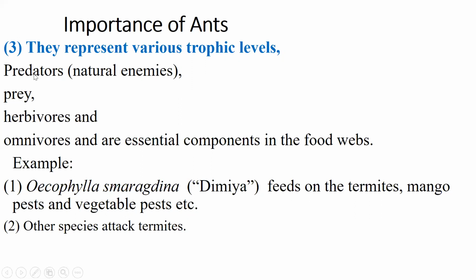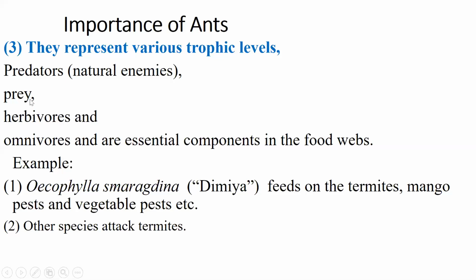So that becomes a predator in the environment. A predator is a secondary consumer. Also there are some ants, especially Dorylus species, that attack termites in the environment. They feed on termites. So they represent the predator, or secondary consumer, trophic level.